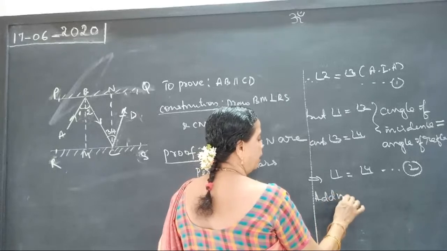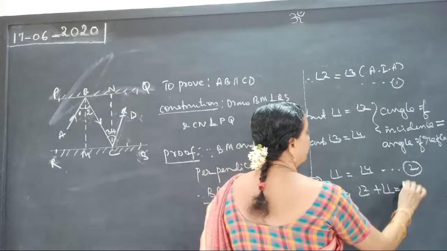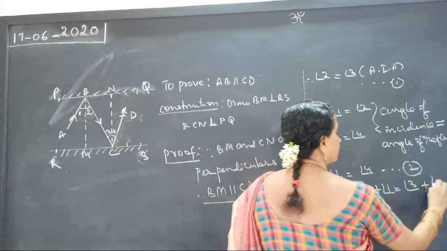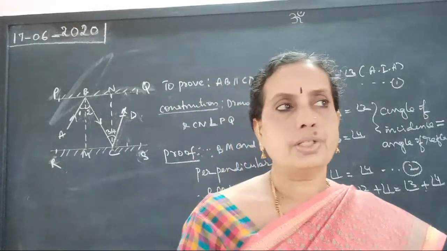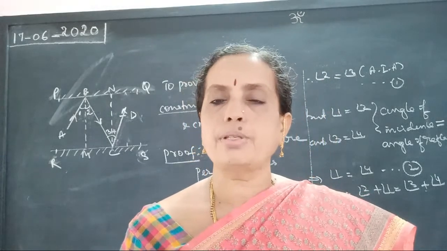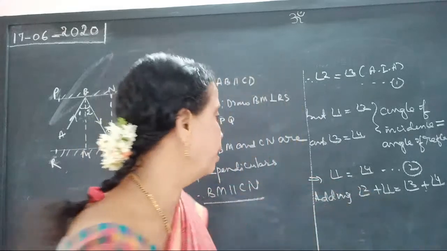Adding, what do you get? Angle 2 plus angle 1 equals angle 3 plus angle 4. This is one way, or we can say since they are equal, 2 times angle 1 equals 2 times angle 2, also you can write.